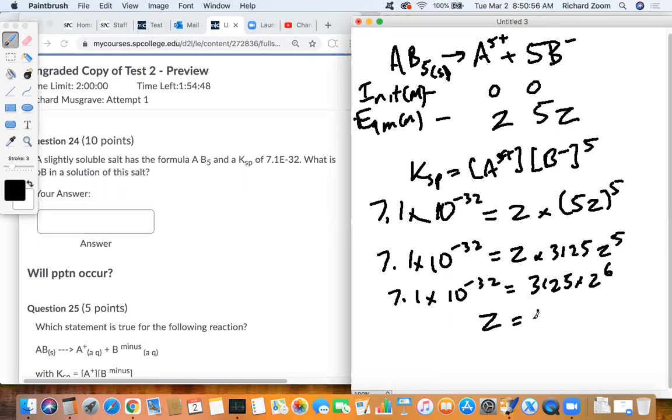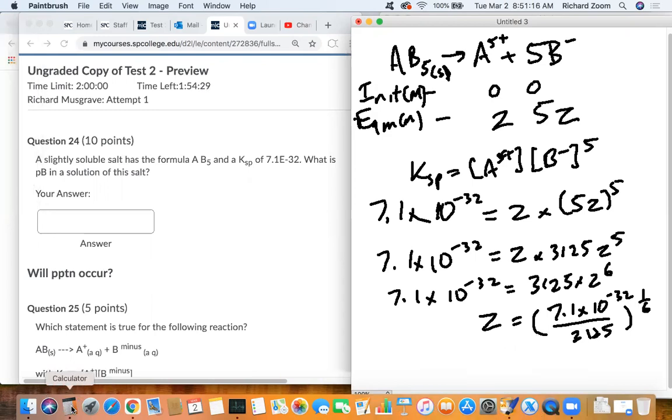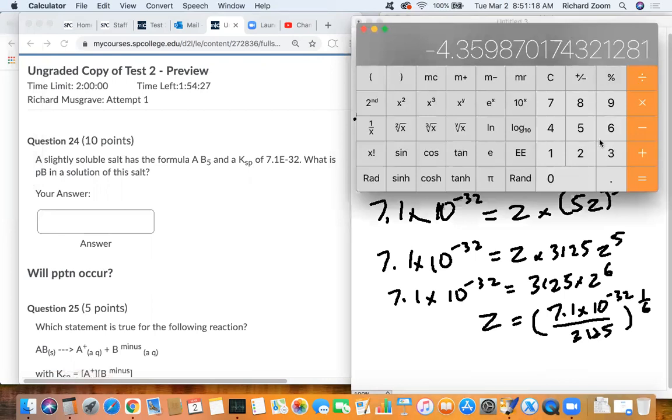Z is going to equal the sixth root of 7.1 times 10 to the negative 32 divided by 3125. So when we're doing that sixth root, we can do to the power of 1/6. Or you can use your calculator to figure it out using the root button as well.